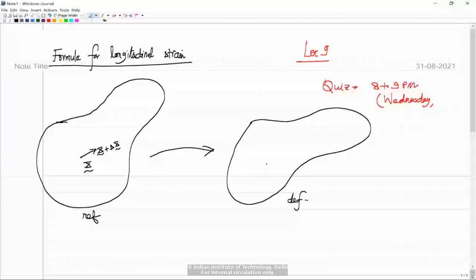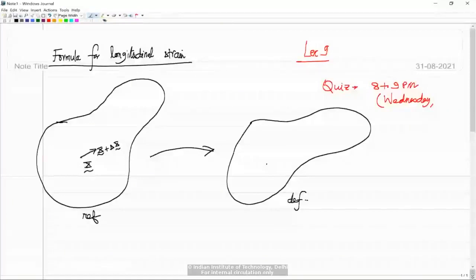I just forgot to tell all of you that there are several books where in the reference configuration they denote the letters with capital letter, and in the deformed configuration they denote the same variable with small letter. For example, a point in the reference configuration by capital X and the same point in the deformed configuration by small x.